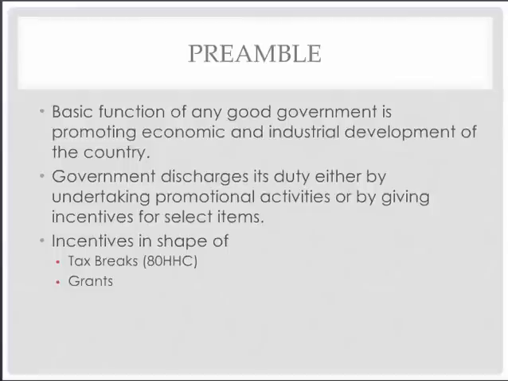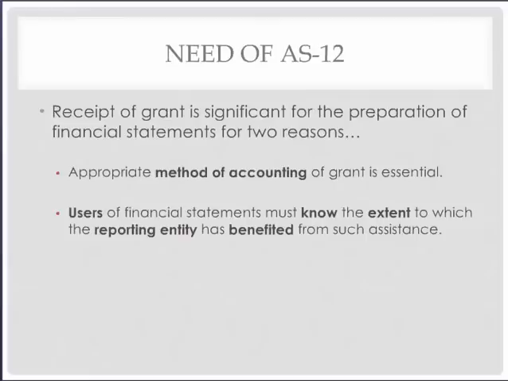So a government takes steps like this to bring companies into underdeveloped areas. This kind of incentive, in which it gives cash grants or kind grants, is known as government grants.